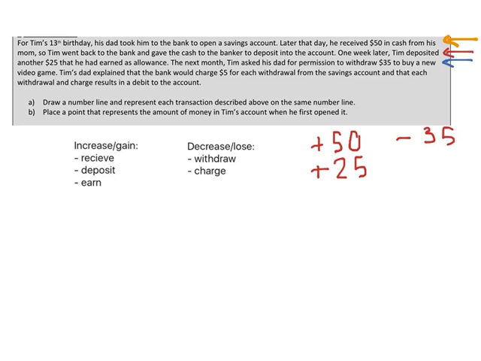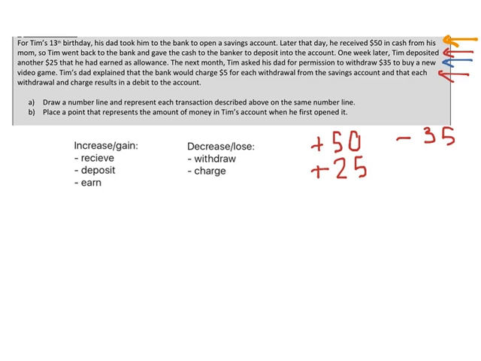And then finally, the next sentence says, "Tim's dad explained that the bank would charge $5 for each withdrawal from the savings account, and that each withdrawal and charge results in a debit to the account." So take one final look at our list, see if you see any similar words between the sentence and the list.